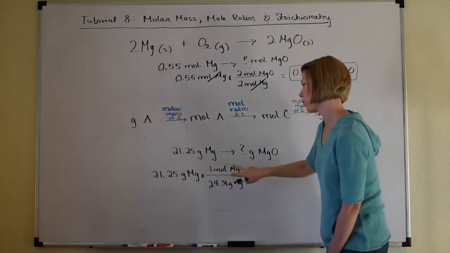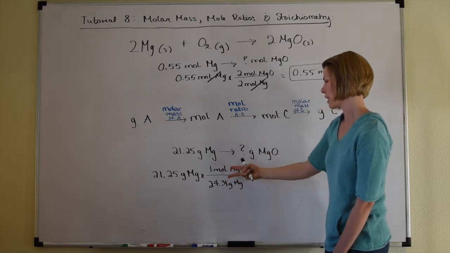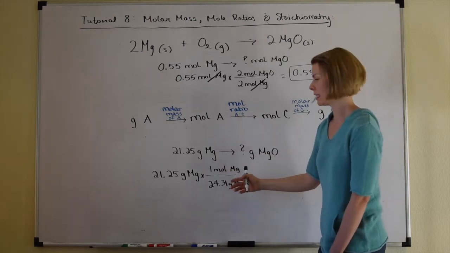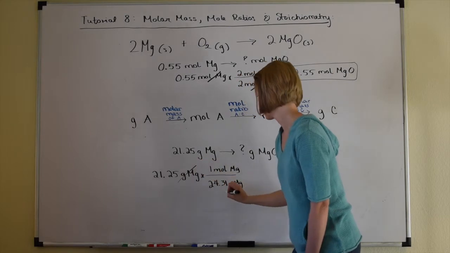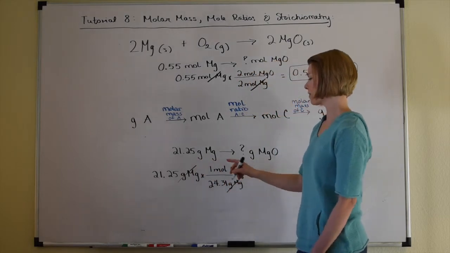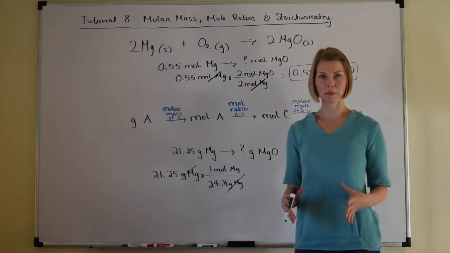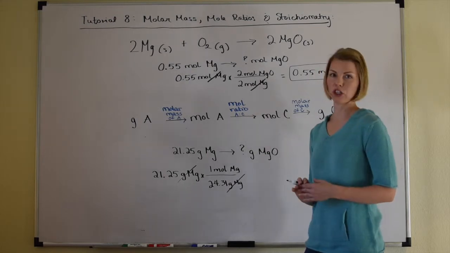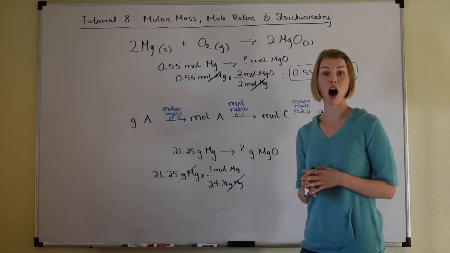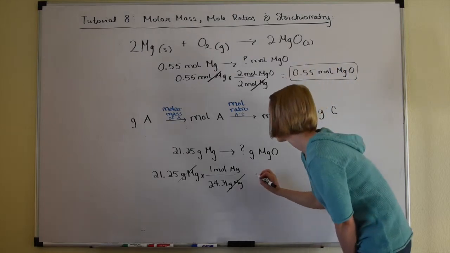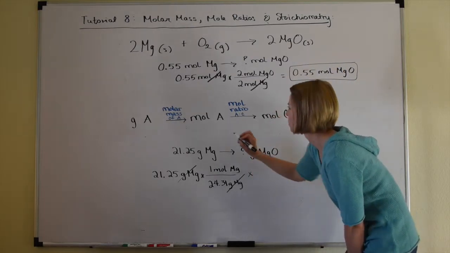Now notice I wrote the molar mass such that grams were on the bottom. I did that because I want grams to cancel, giving me the number of moles of magnesium so that I can now use the mole ratio to figure out the moles of magnesium oxide.